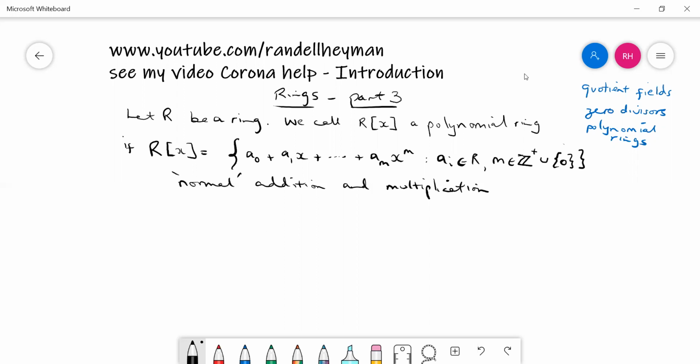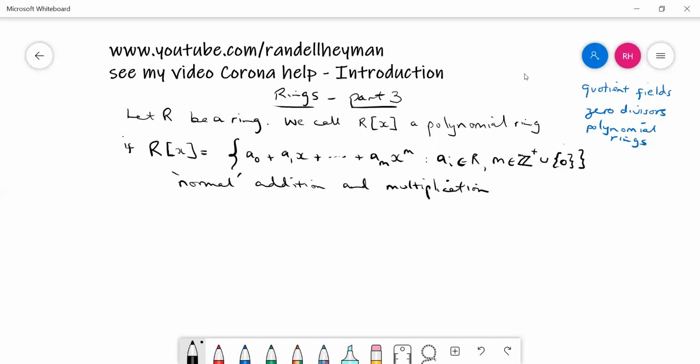We call this R with the square brackets X a polynomial ring if R[x] is the set of all polynomials that we're used to. So expressions of the form a0 plus a1x plus up to am x to the m.